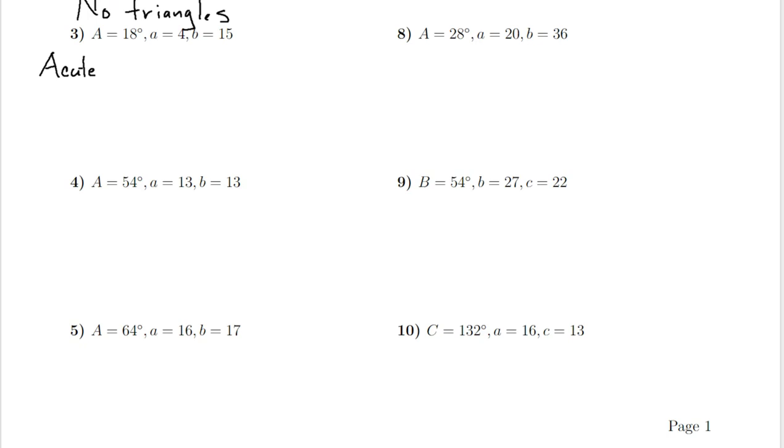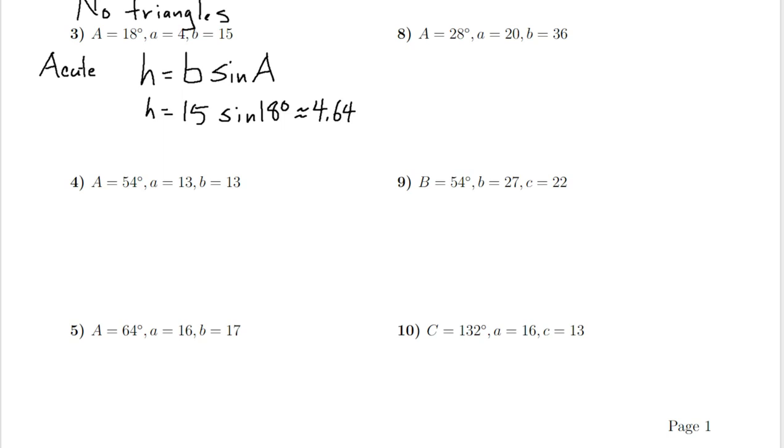And we use the formula that the height is equal to the adjacent side, in this case B, times the sine of the known angle. In this case, H is equal to 15 times the sine of 18 degrees. And this is approximately 4.64.